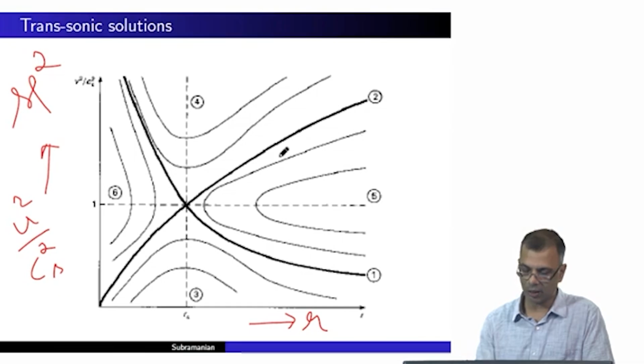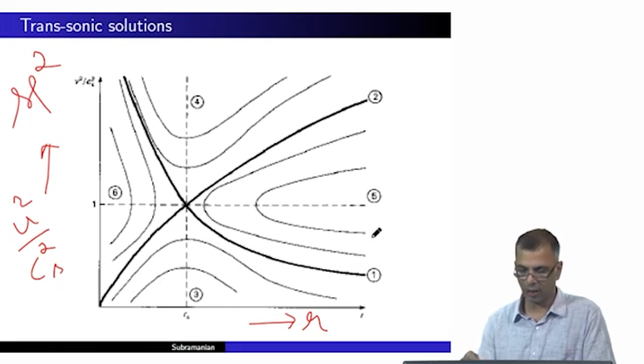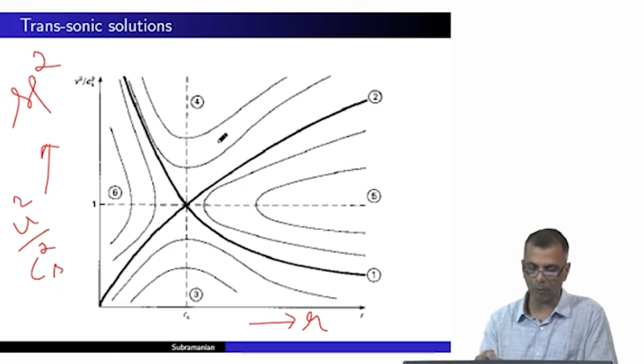These would be solutions of nature 1, solutions of nature 2, solution 3, solutions of type 4, and type 5.